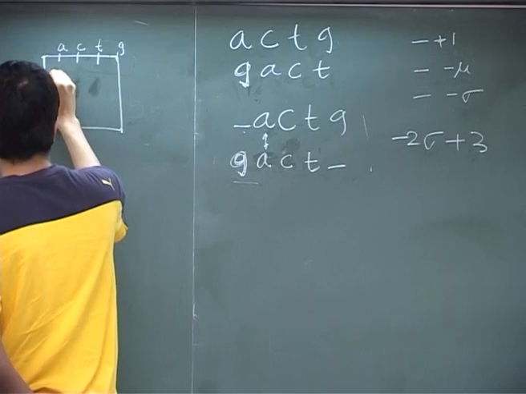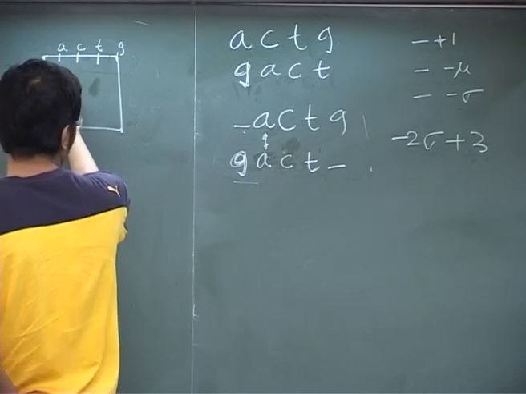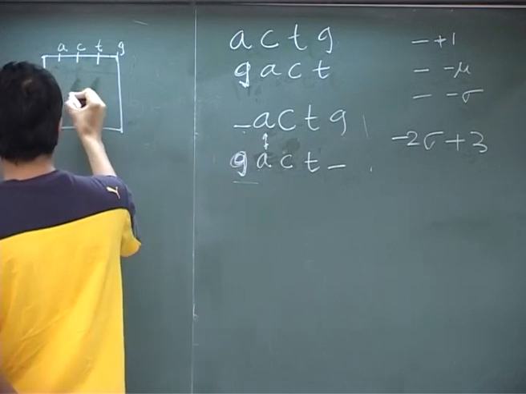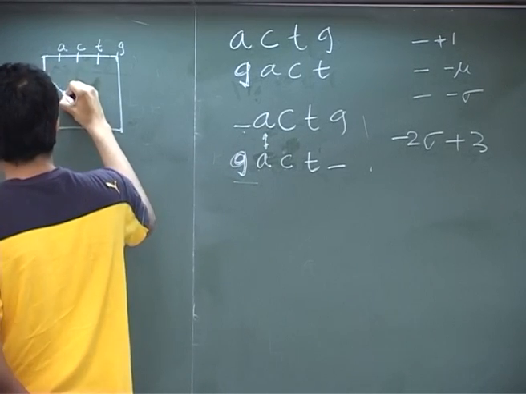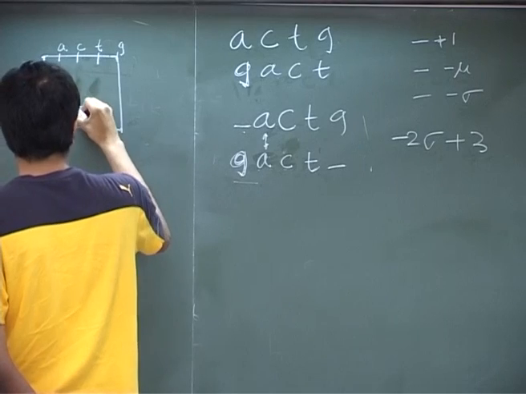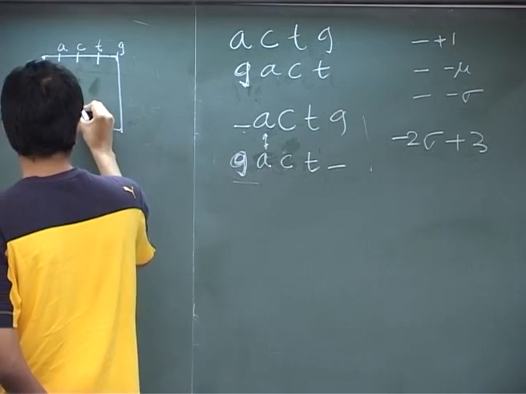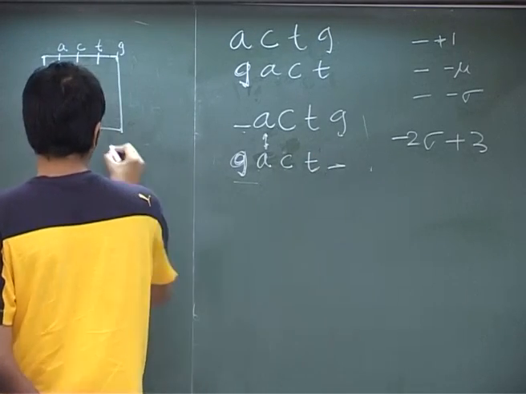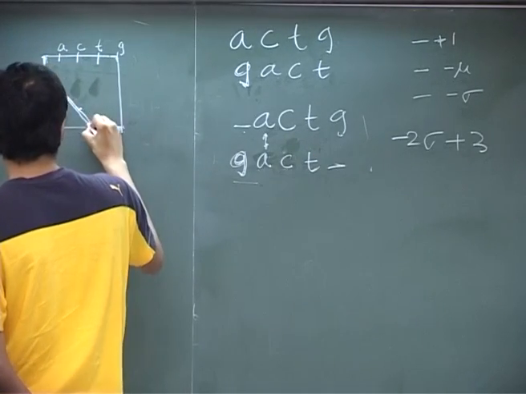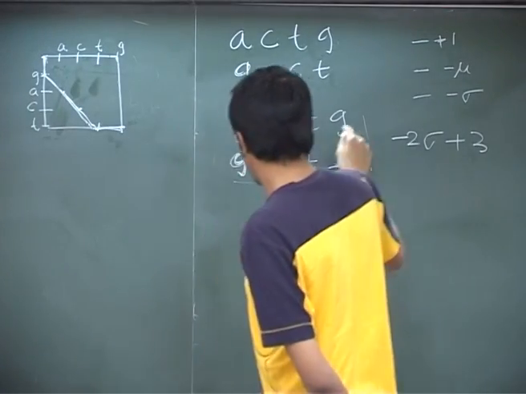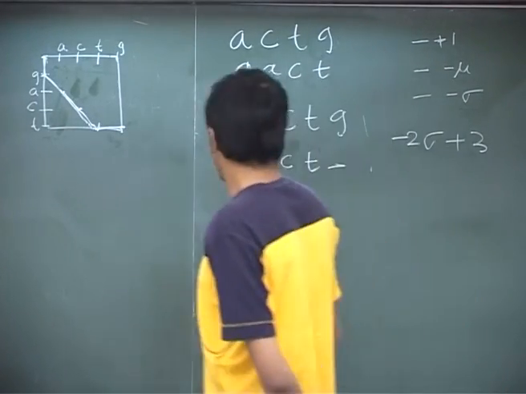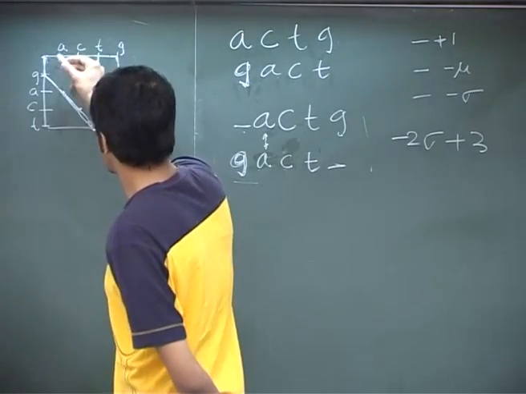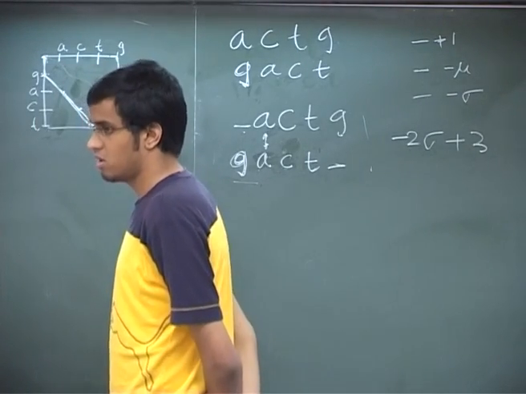So I come down, and then there is a match between A and A, so I'm moving on both sequences simultaneously. Finally I'm moving on the first sequence but not on the second. So this path defines this particular alignment. For every such alignment I'll have some path, and what I need to do is maximize the scoring on this path.